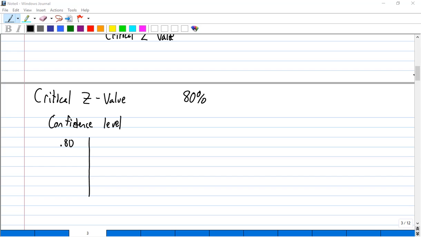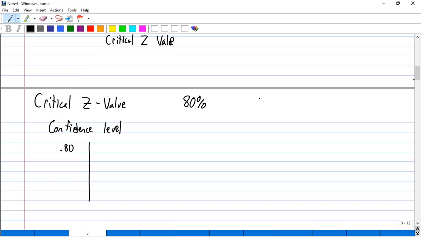All right. So for an 80% confidence level, I have to calculate something called alpha.